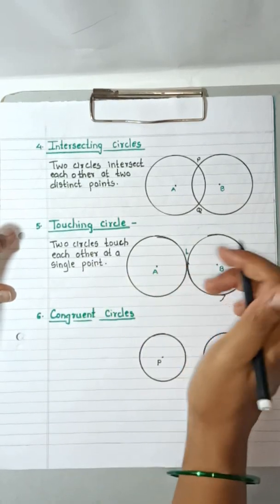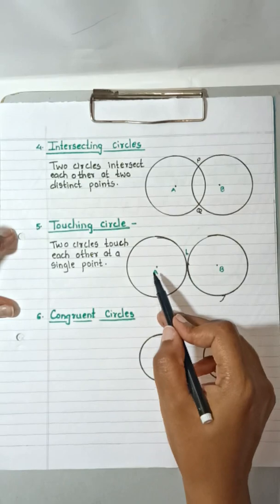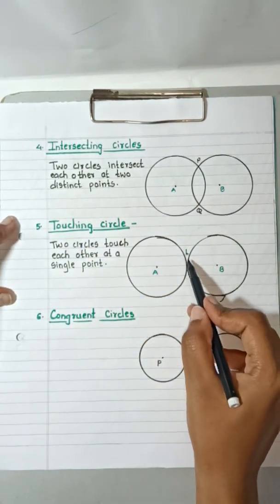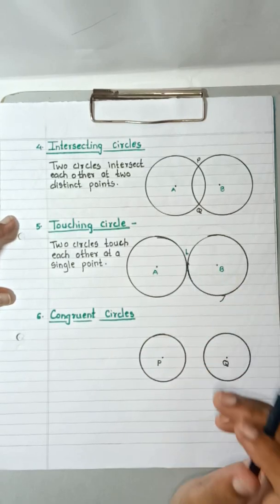You can see the circle with center A and the circle with center B touch each other at point L.